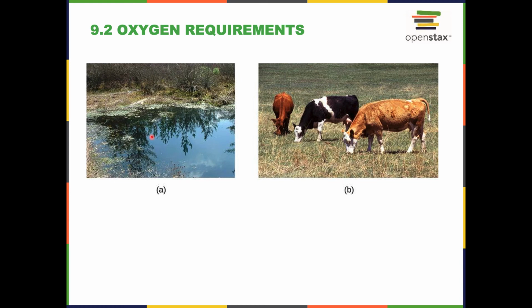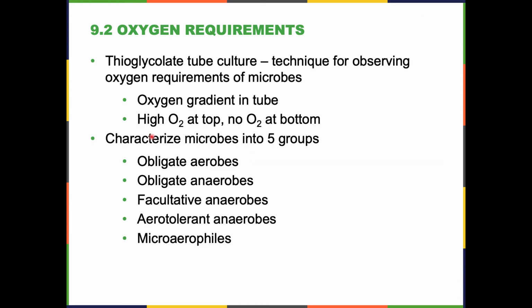So we can determine what the oxygen requirements for microbes are using something called a Thioglycolate tube. And we don't want to get too much into what thioglycolate is exactly, right? But basically, it's a technique for allowing us to see the oxygen requirements of a microbe. Within this tube, there's an oxygen gradient.